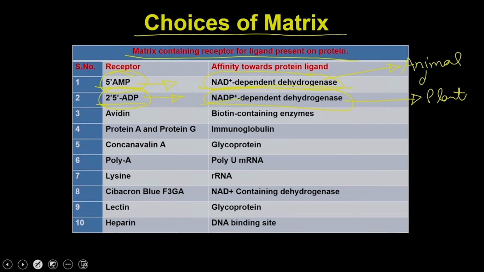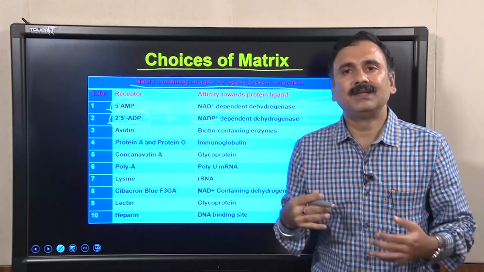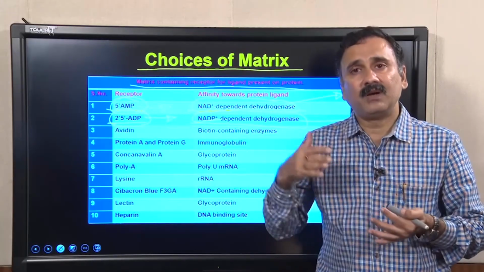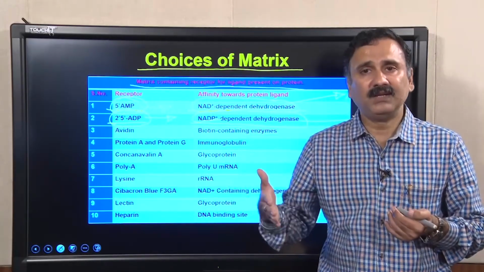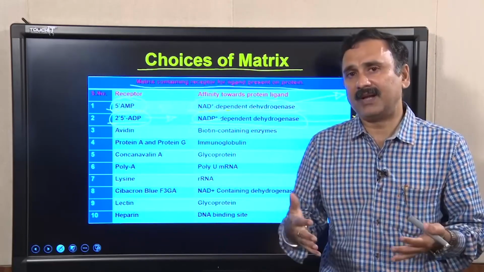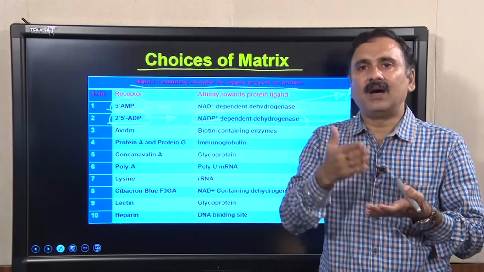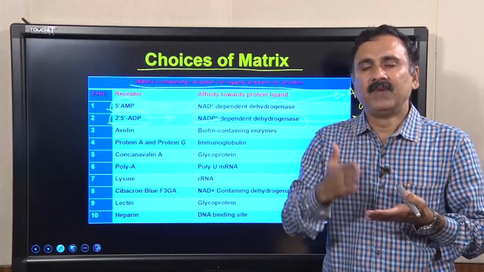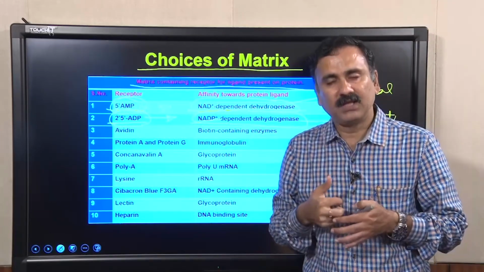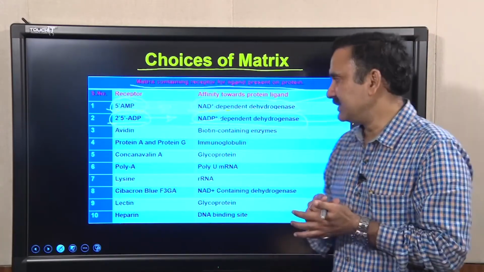If you recall, plants contain the NAD plus based dehydrogenases, which participate in photosynthesis and other reactions happening within the chloroplast. Animals mostly contain dehydrogenases which are NADH dependent or NAD plus dependent dehydrogenases.